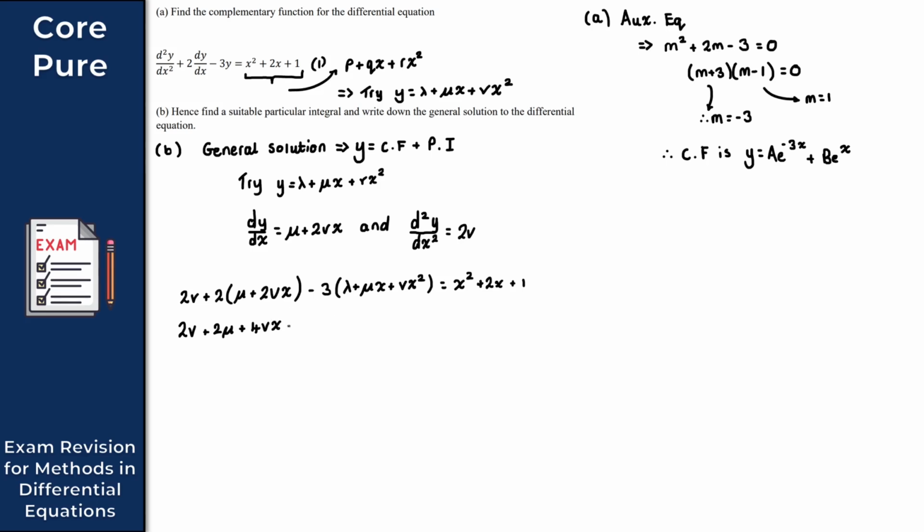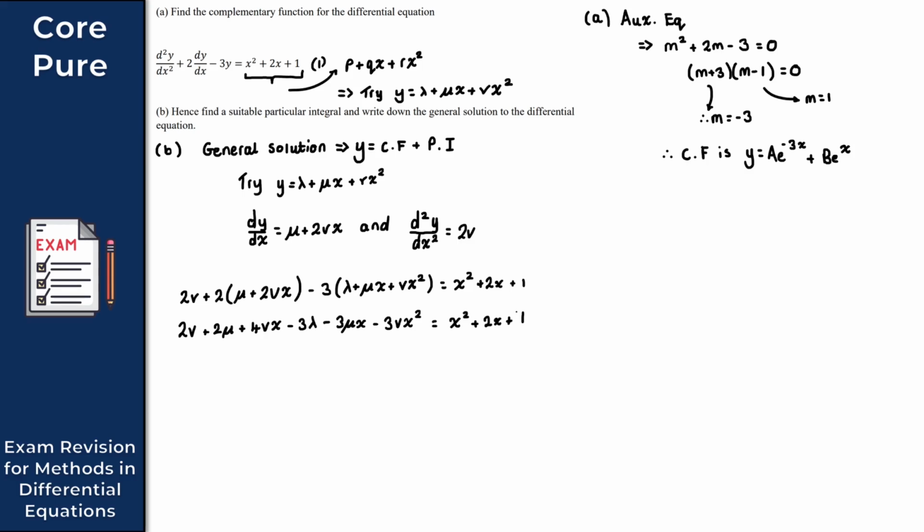Minus 3 times lambda, minus 3 lambda, minus 3 times mu x, that's minus 3 mu x. And then finally, minus 3 times nu x squared, you get minus 3 nu x squared there. Again, this is equal to x squared plus 2x plus 1.